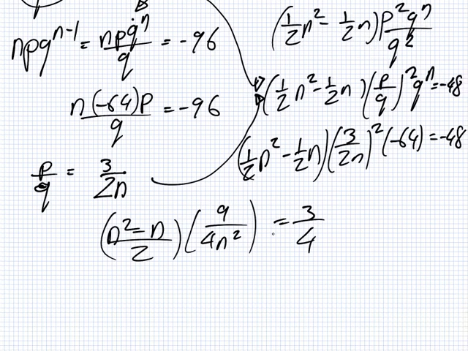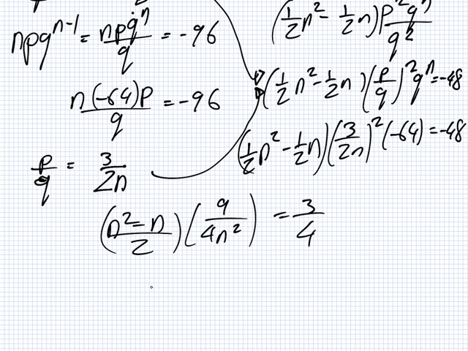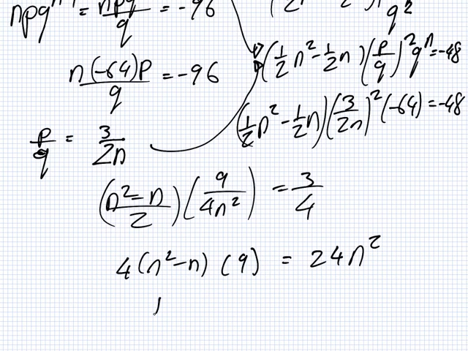Right, so now we get 4n squared minus n times 9 equals 3 by 4 by 2, 24 n squared. Dividing by 4, 6n squared.